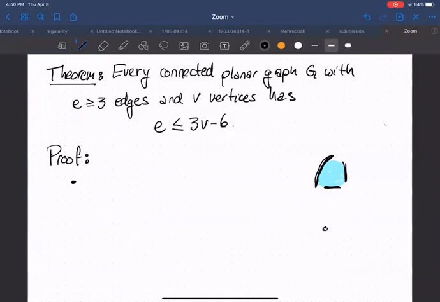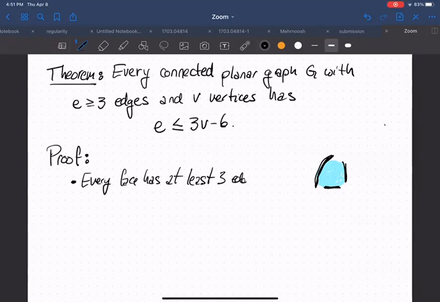It can't have only 2, because only 2 would be 2 edges between the same 2 vertices. So we're not interested in multi-graphs. We're just interested in graphs. So the smallest face you can get has at least 3 edges on its boundary. So every face has at least 3 edges on its boundary.